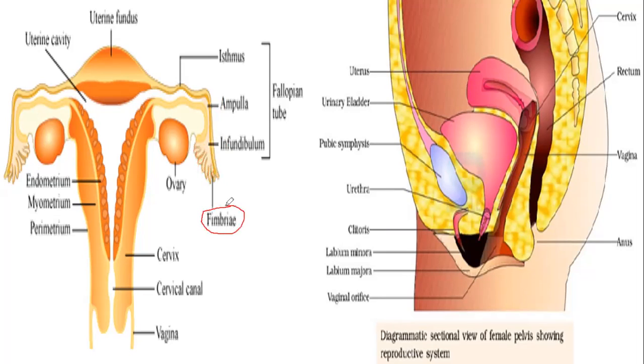Now, what is the function of fimbriae? They capture the ovum released from the ovary. Once the ovum is released, the fimbriae assist in capturing it.